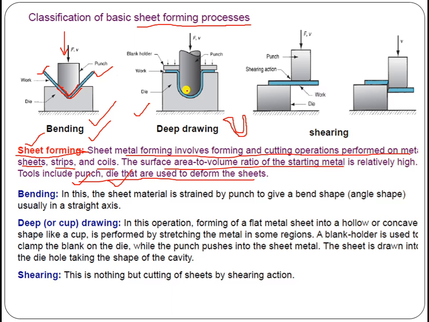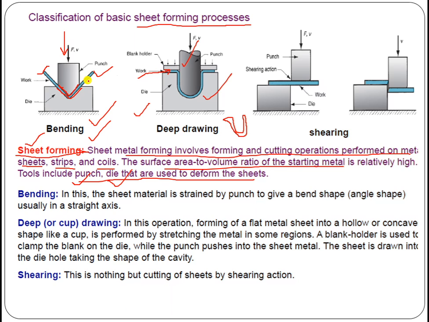Utensils such as stainless steel glasses or stainless steel containers are manufactured with the help of this deep drawing operation. The workpiece material should be such that it can withstand the forces applied by this punch as well as the opposite forces available at the interface of the punch and die.